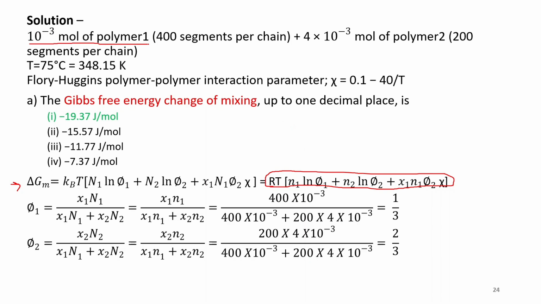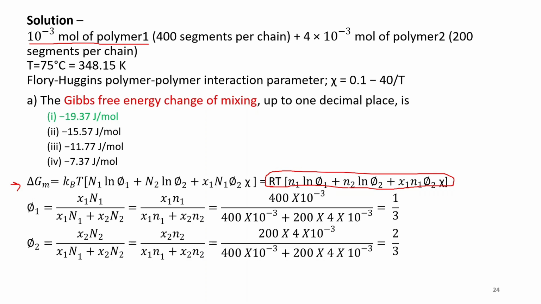Phi 1 we need to calculate, the volume fraction of polymer 1. N2, the moles of polymer 2, is 4 into 10 to the power minus 3. Phi 2 we also need to calculate. x1, the segments in the polymer 1 chain, is 400.